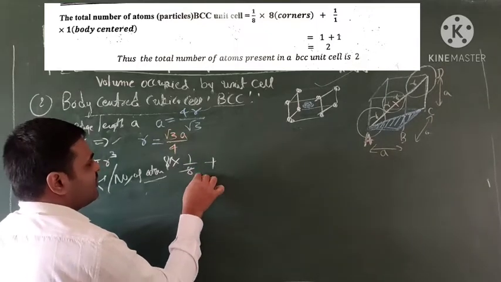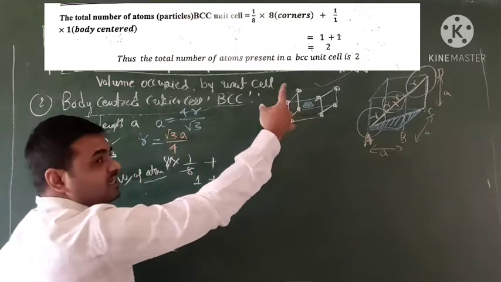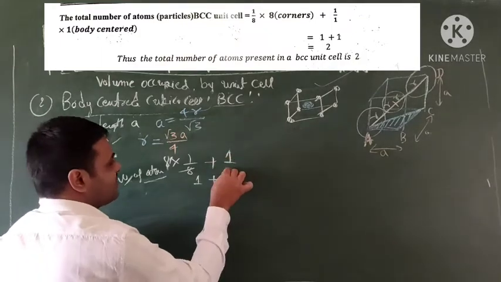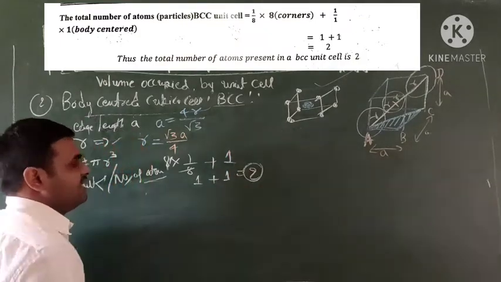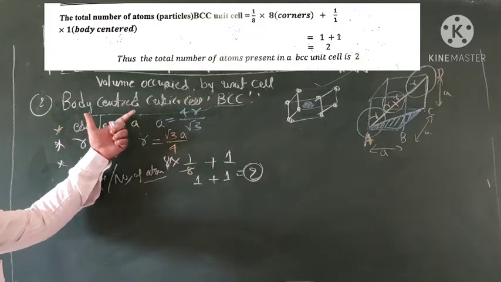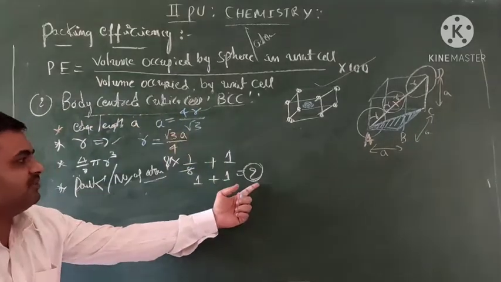This cancels to 1 atom, plus another atom present in the body. So 2 atoms are present in a body centered cubic cell.